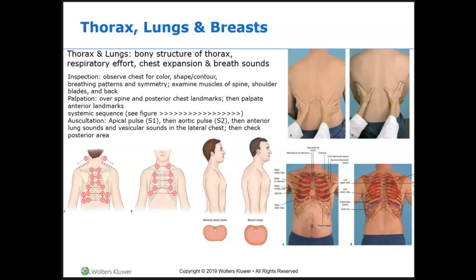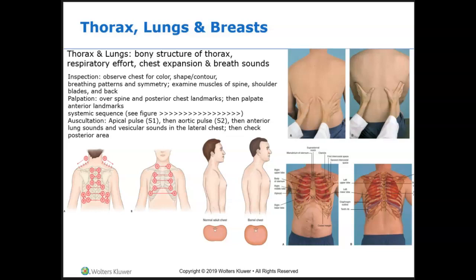So again, the transverse diameter should be greater than the anterior posterior diameter if the patient's healthy. Palpate over the spine as well as the posterior thorax to detect any areas of sensitivity, chest expansion during respirations, tenderness, muscle development, masses, vibrations, which could be indicative of fremitus, all of those things. Use the palmar surface of the hands to palpate the posterior thoracic landmarks in a sequential pattern as listed in the figure down on the far left.